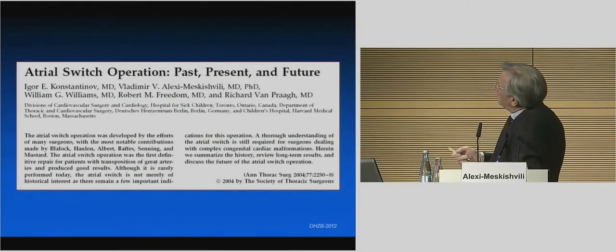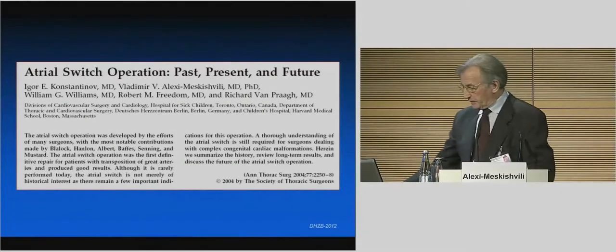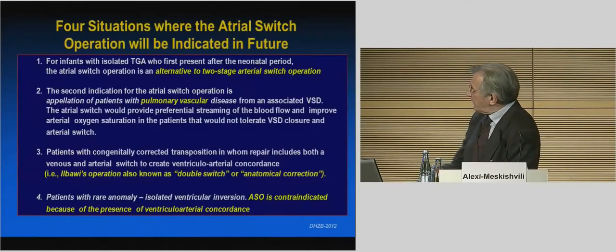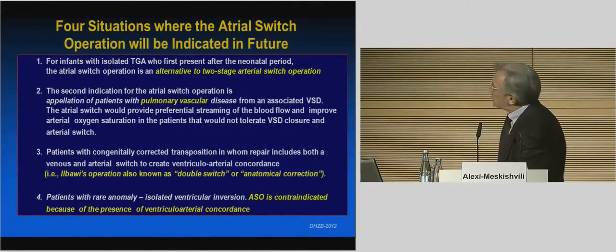Several years ago, we published a paper with my colleagues from different countries about the experience and history of the arterial switch operation. Because the arterial switch operation is not performed very frequently today, only maybe in India and such countries, but there is still some place for this operation in the surgical repertoire.